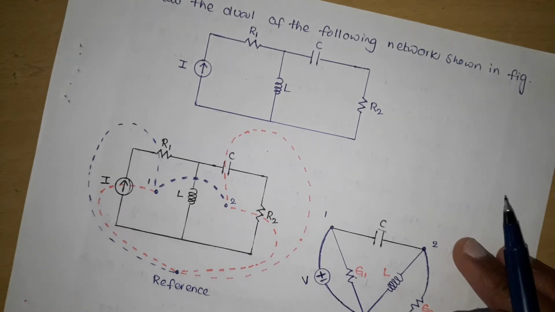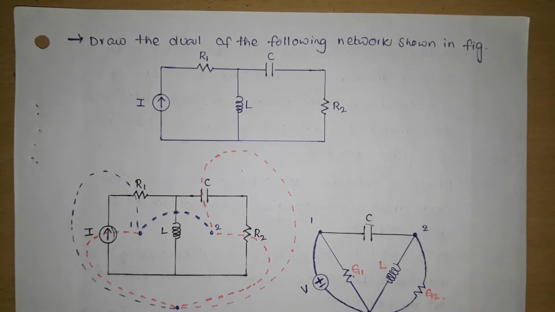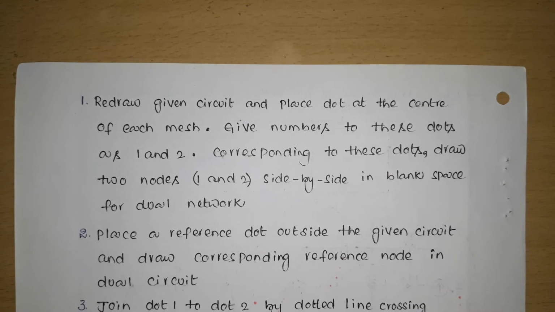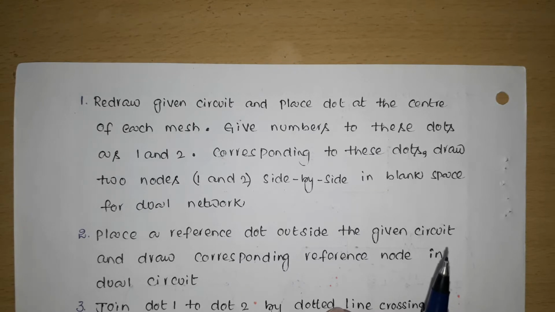We have to follow some procedure. First, redraw the given circuit and place a dot at the center of each mesh. Give numbers to these dots as 1 and 2.